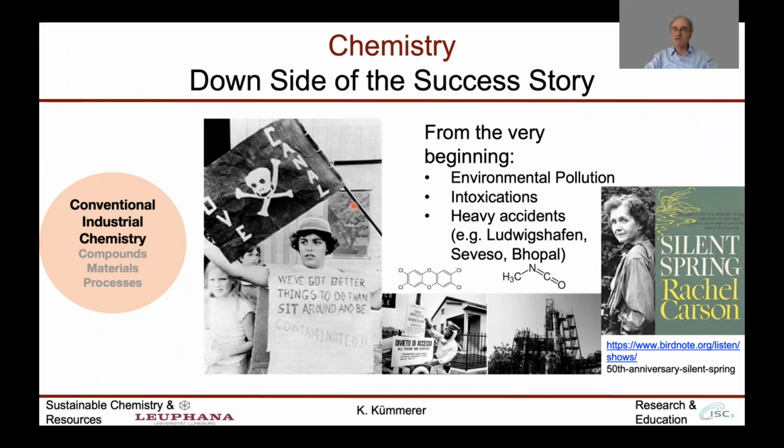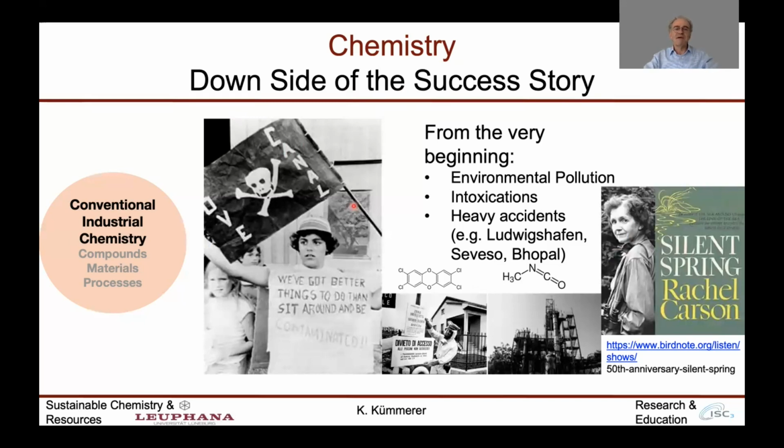By the way, this situation we still have nowadays in developing countries like India, Bangladesh, and others, which indicates already we have to think about, has there really been progress?